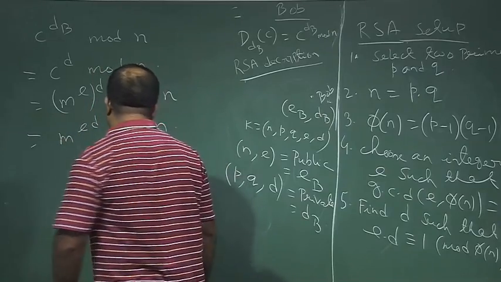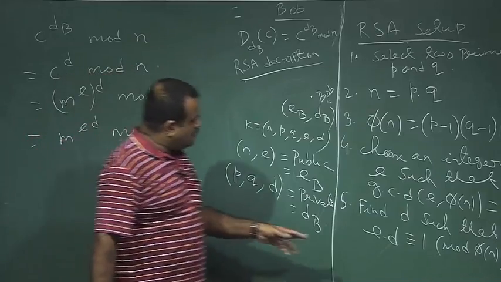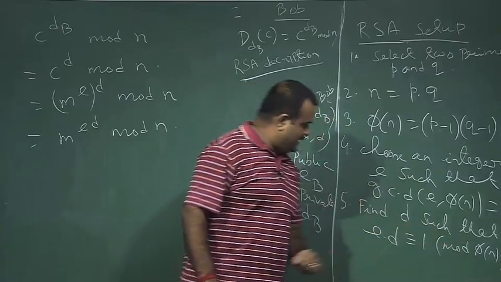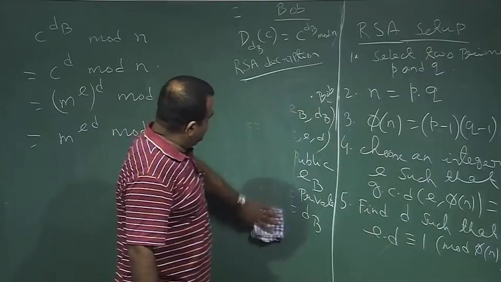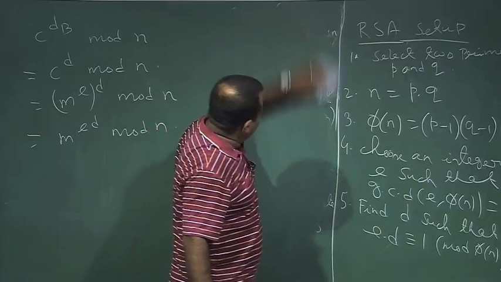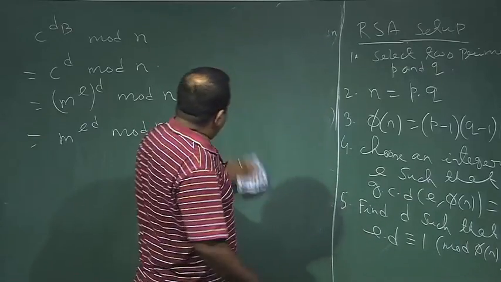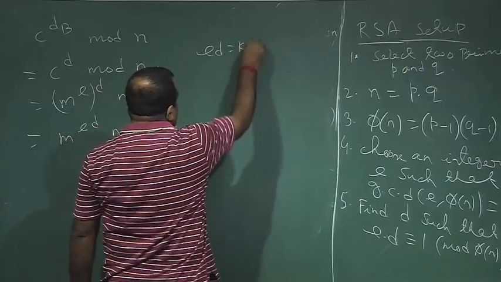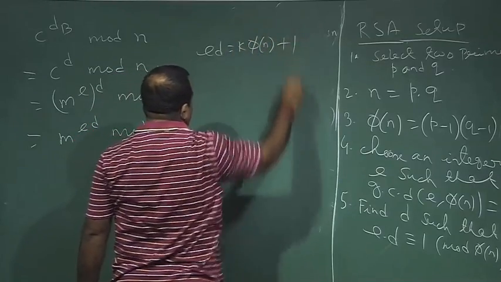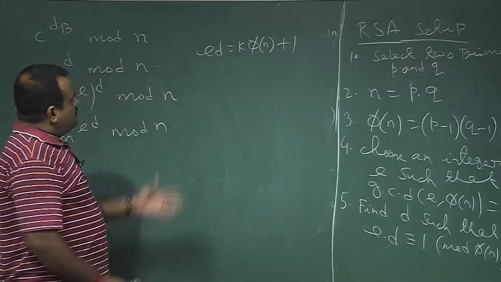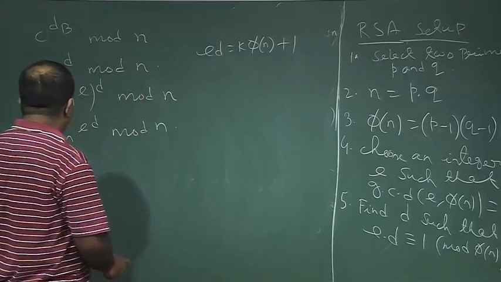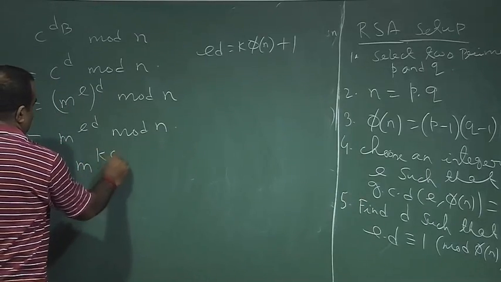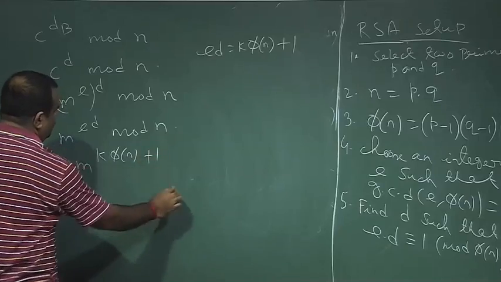Now ed, we know, is congruent to 1 mod phi n. So from here we can write ed equals k phi n plus 1, where k is an integer. Then this is m to the power k phi n plus 1 mod n.